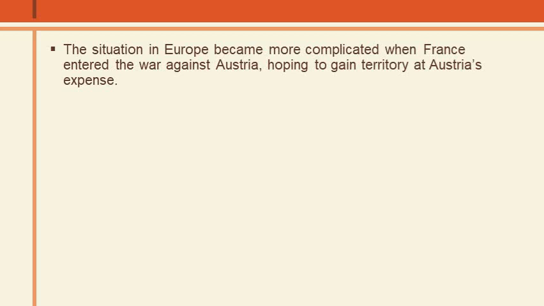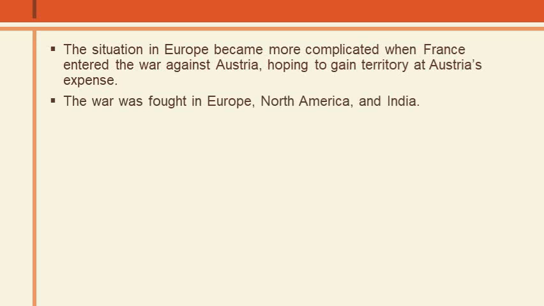And so France also came in, and then Spain, and then Britain. Britain came in actually on the side of Austria because they're trying to hold back France. Britain and France are constantly opponents in this time period.